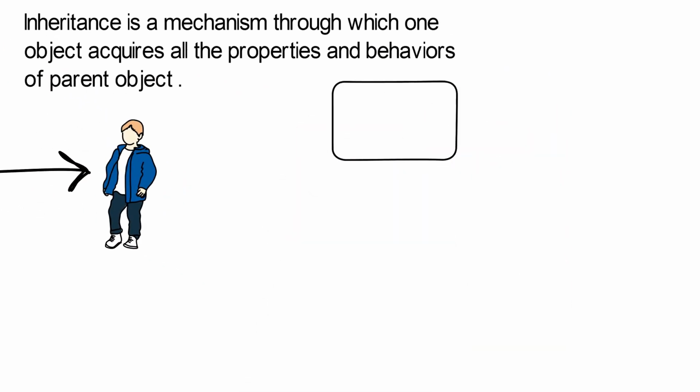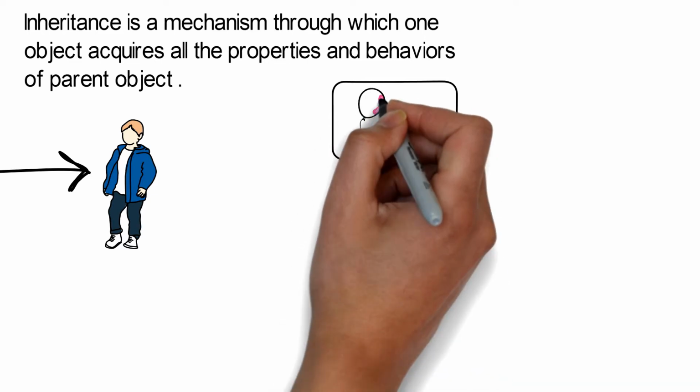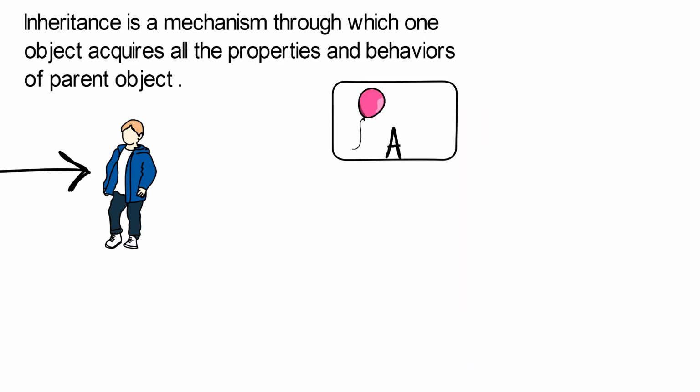Here we have a class named A and it can produce two different types of balloons. One is pink color and another one is white color.